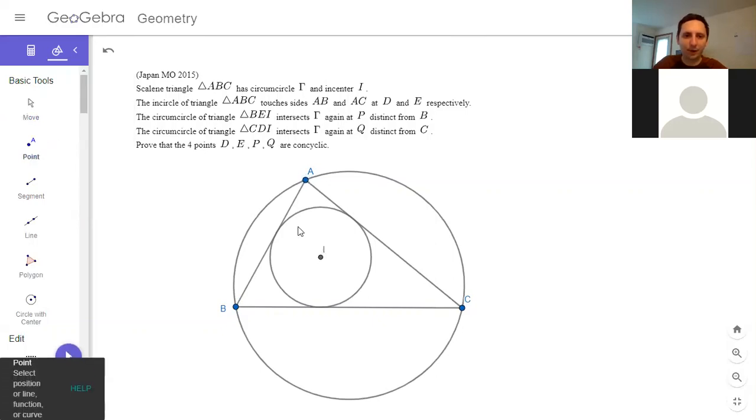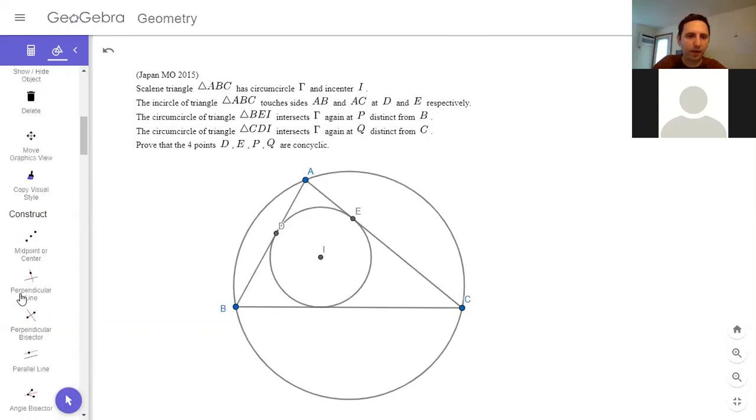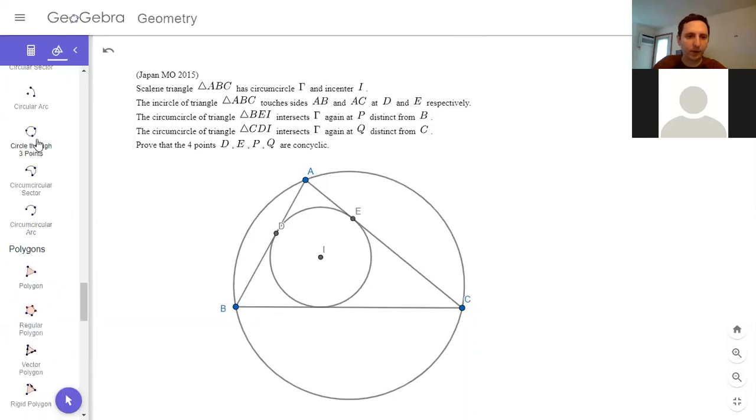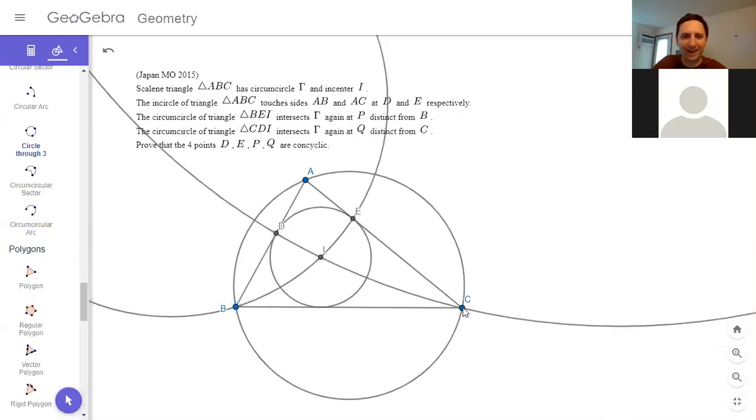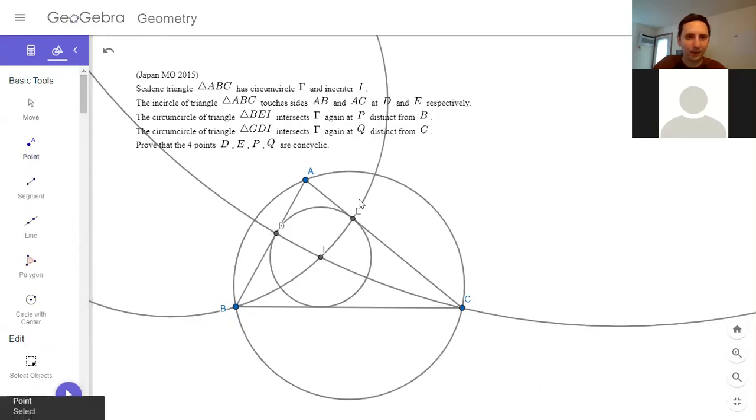So the in-circle touches AB and AC at D and E. The circumcircle of BEI, okay, so we're going to need to make some more room here. The circumcircle of BEI, or I could just leave it like that. So P and Q are the intersection points.